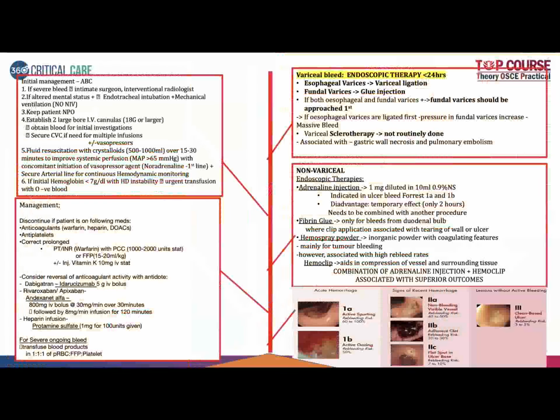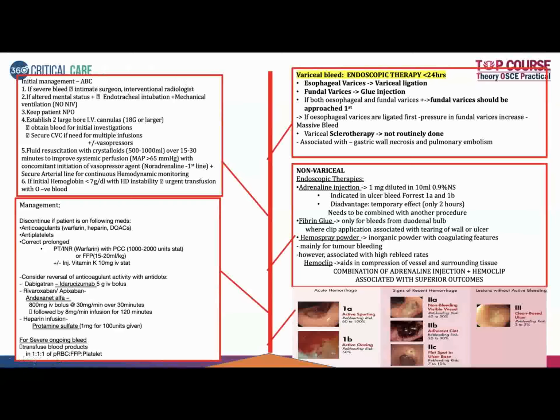So how will you manage a patient presenting with a GI bleed, upper GI bleed? So immediately, if the bleed is severe, intimate the medical gastroenterologist, intimate the surgeon, and alert the interventional radiologist as well. Take care of your airway, breathing, and circulation.